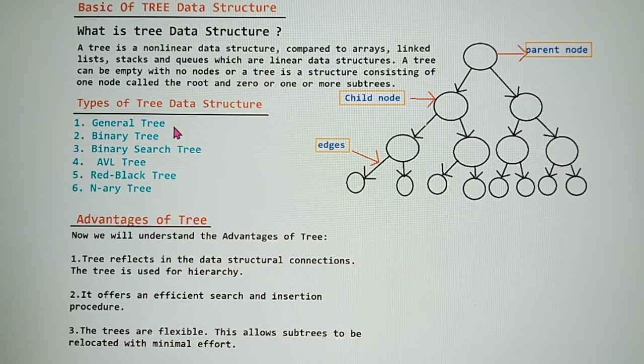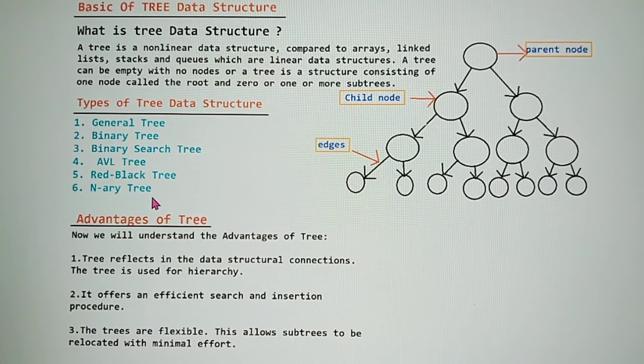I made separate videos on all the types, because the tree is the most important data structure, and all the types contain many subparts. The types are: first, the general tree; second, the binary tree; third, the binary search tree; fourth, the AVL tree; fifth, the red black tree; and sixth, the n-ary tree.